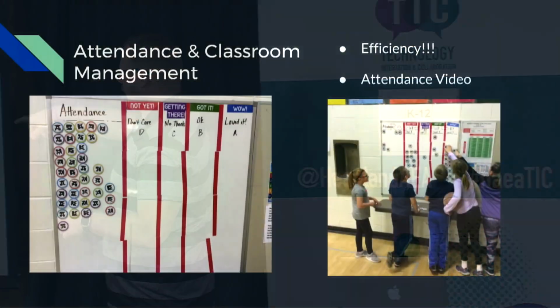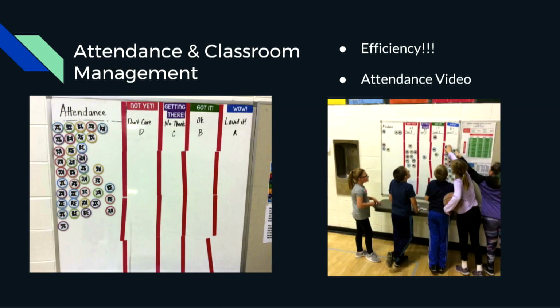Classroom management, the thing that I really like, as you can see in the picture down here, is I just post the skill levels or what I expect them to do. It took a couple weeks to get them trained and figure out exactly how we do it, but now they pretty much go on their own. Say I have 50 kids in a class, maybe 30 of them are working completely autonomously. They don't need a lot of feedback.